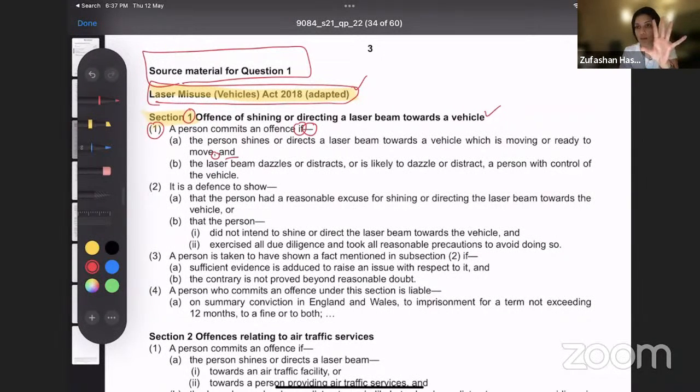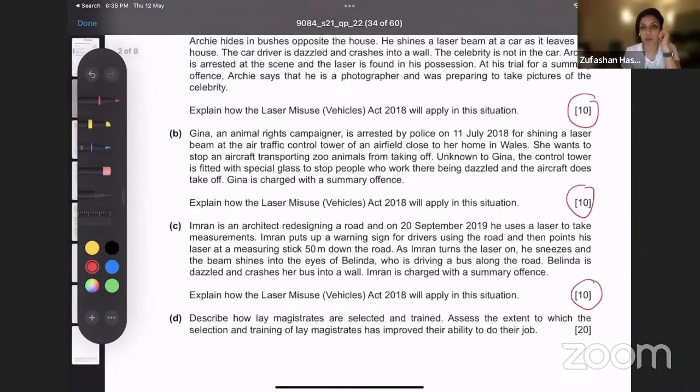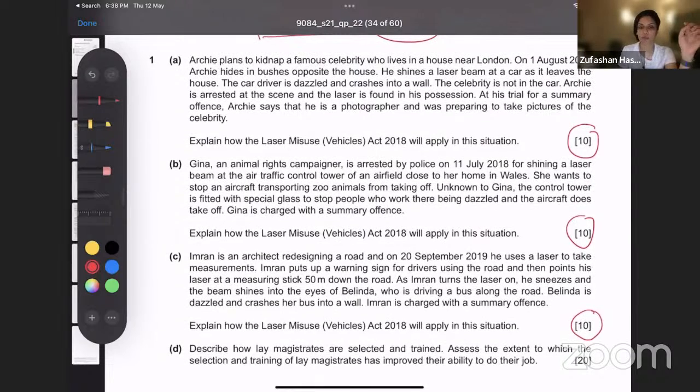This could be anything. They've chosen to give you the situation. Now remember, as a legal advisor, you are not to give your personal opinion on what you think has happened to Archie, Gina, and Imran. All you got to do is forget about what you personally feel about the situation. The examiner will not care about what you think. It is morally wrong to shine a laser beam or to go to somebody's house, but you will not get marks for giving your personal opinion.